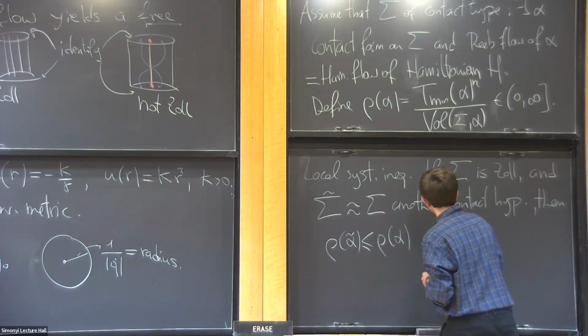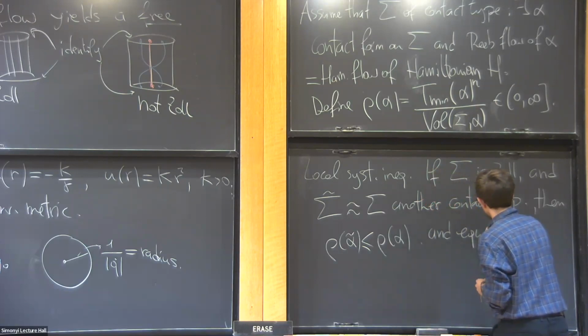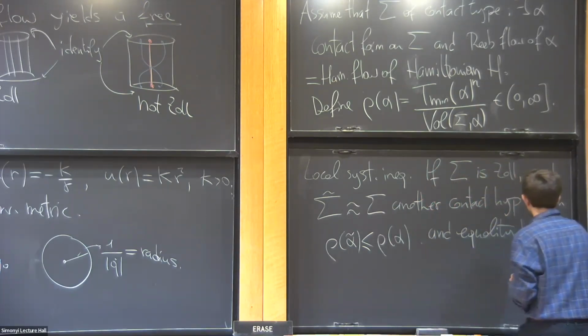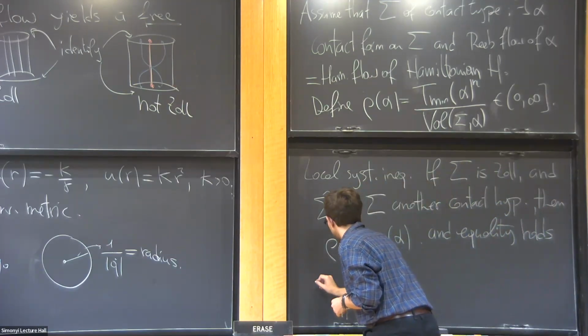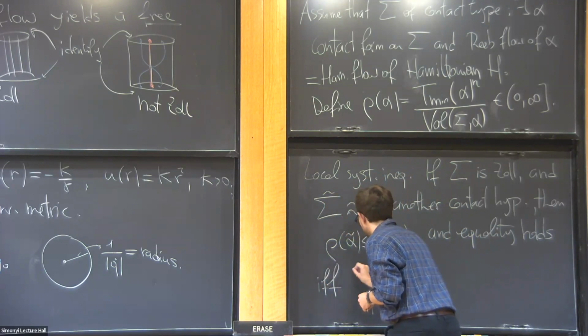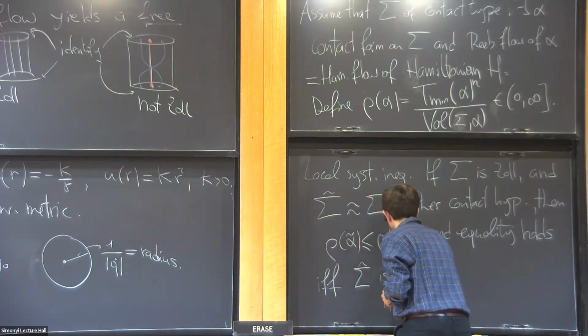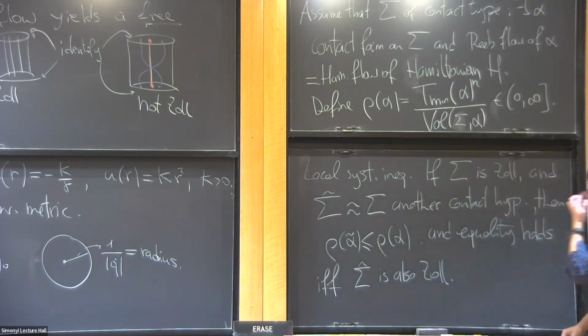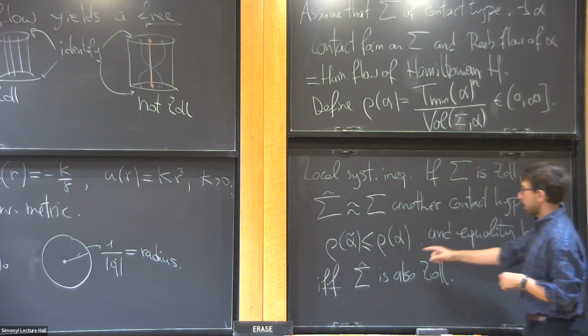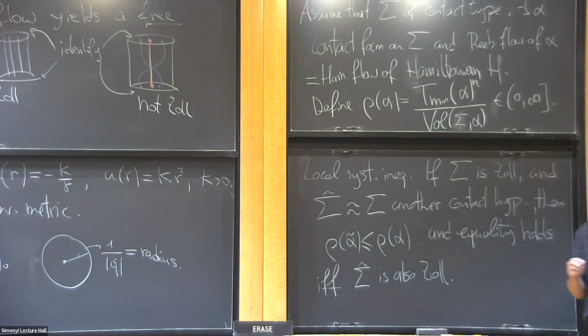And equality holds if and only if sigma tilde is also Zoll. So locally, what this is saying is that Zoll hypersurfaces are really the local maximizers of the systolic ratio, and globally, this is not true.